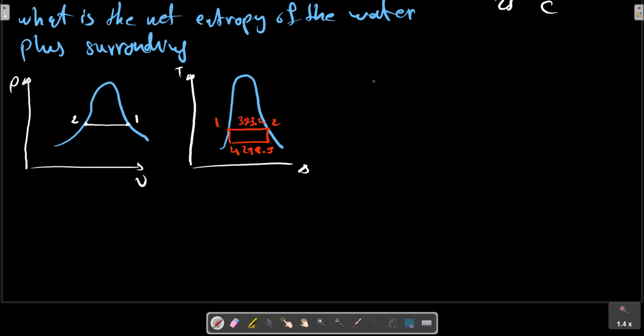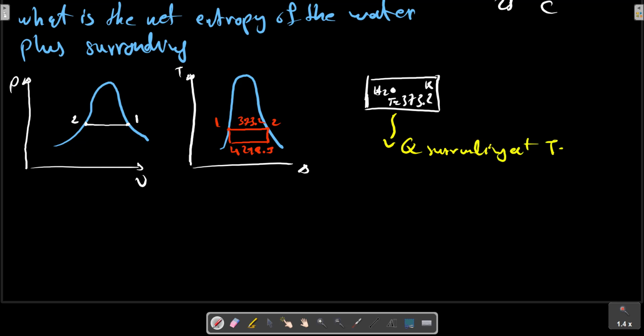In this equation we have a control mass of water with T equals to Kelvin. The heat Q to surrounding at T equals to 25 degrees centigrade or T0.